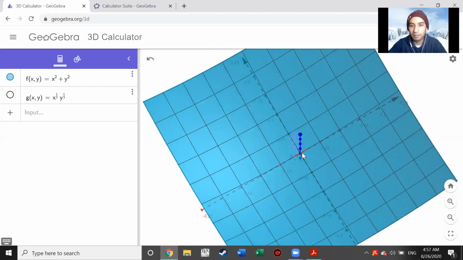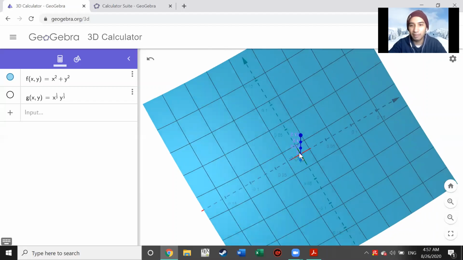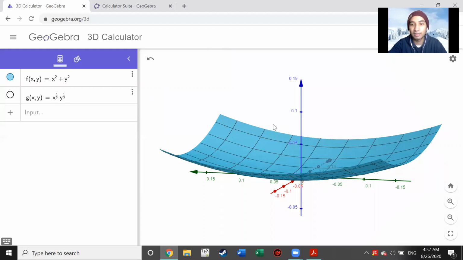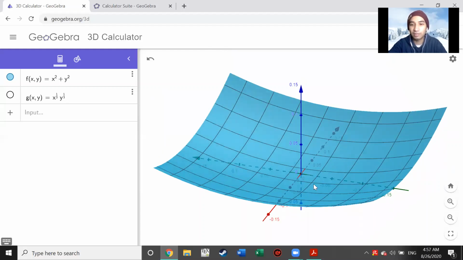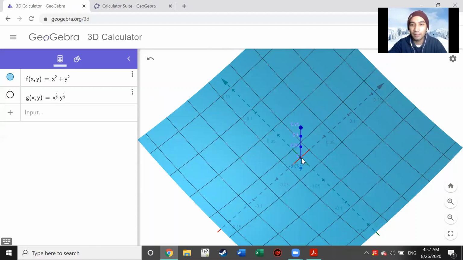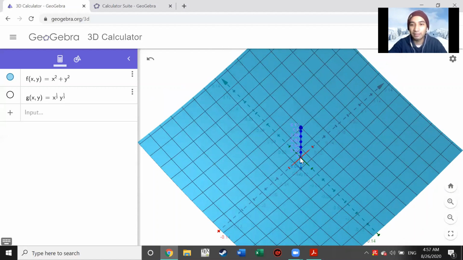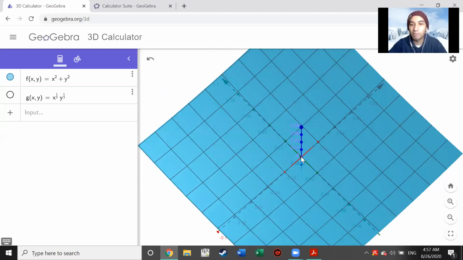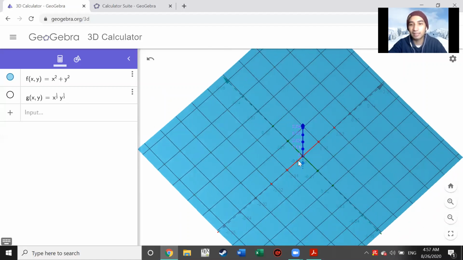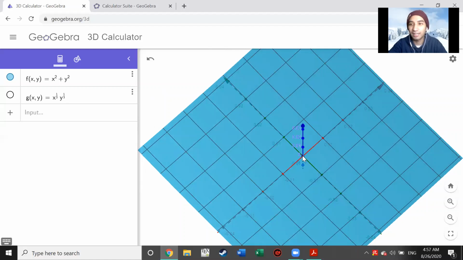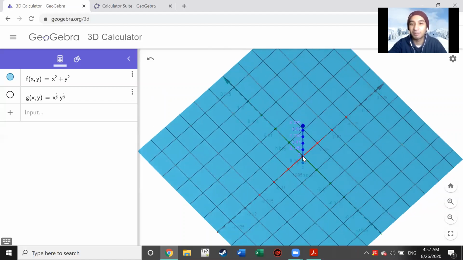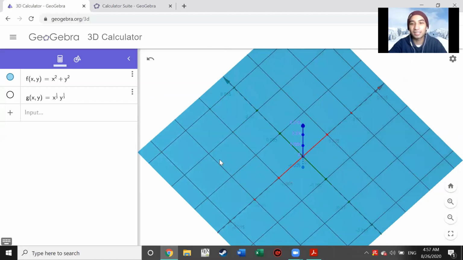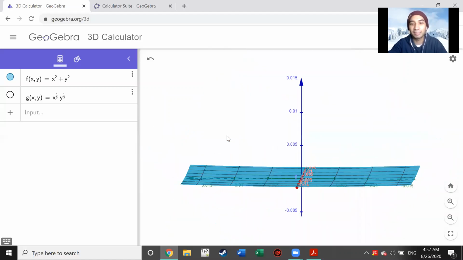Ayan. So, malalim na yung pagkaka-zoom natin. So, medyo nagiging flat na talaga. So, yung function natin, kapag malapit tayo sa origin, ay nagmumukha siyang plane. So, ang gusto natin, tatawagin natin itong differentiable at x equals 0 and y equals 0. Ito yung gusto nating sabihin differentiable. Ayan, mukha na siyang plane, di ba?